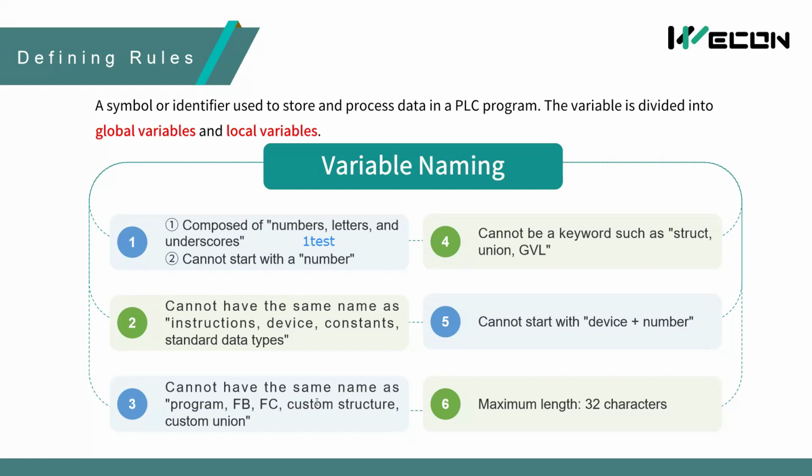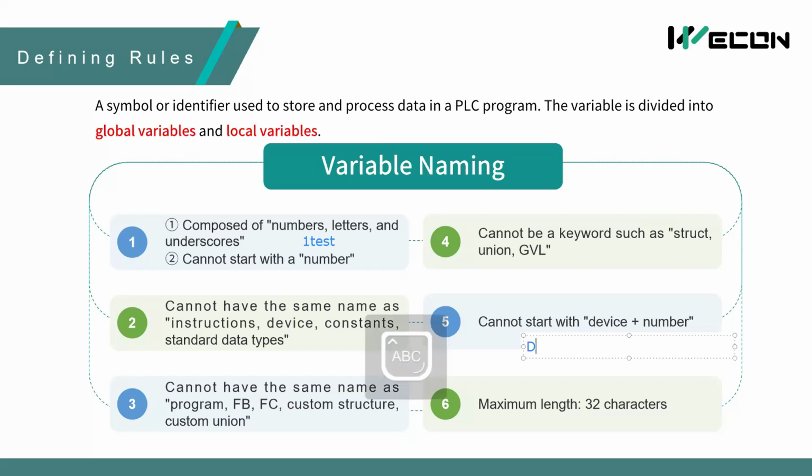The variable also can't have the same name as a function block, a function, a custom struct, or a custom union. Later, I will introduce what the custom struct and custom union are. Some keywords such as global also can't be a variable name. For the fifth point, it can't start with a device name plus a number.